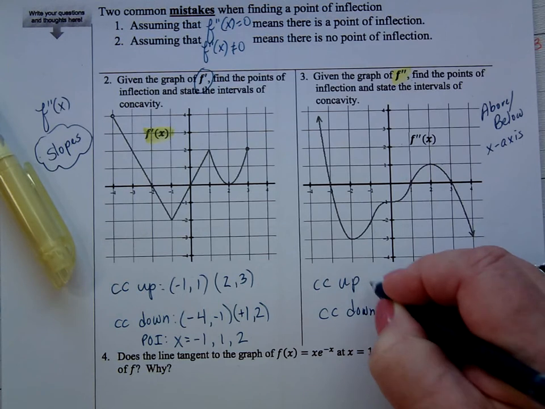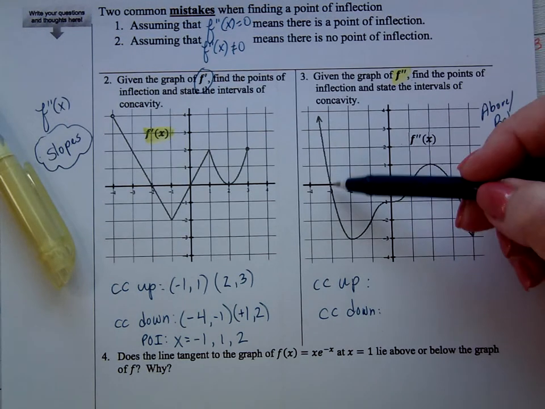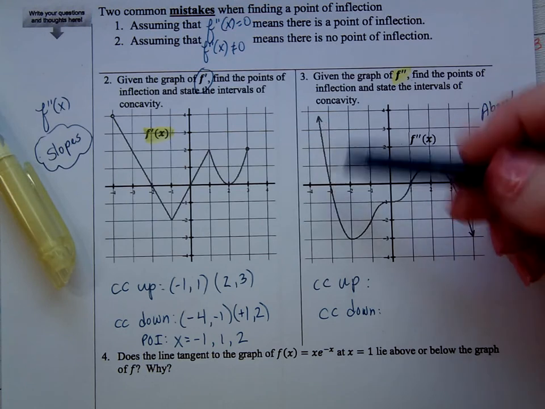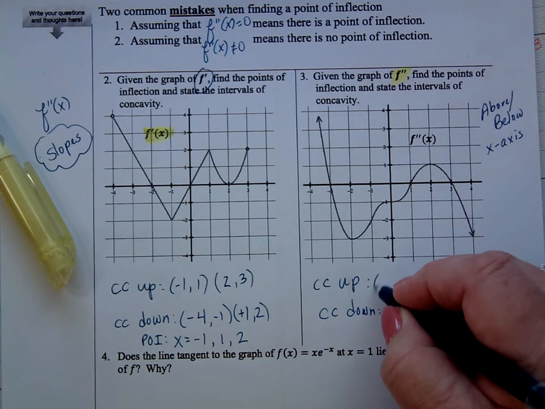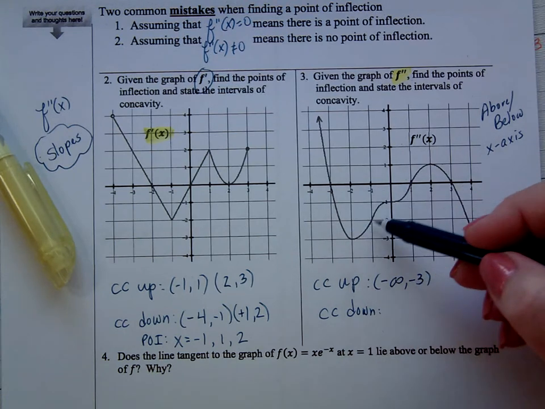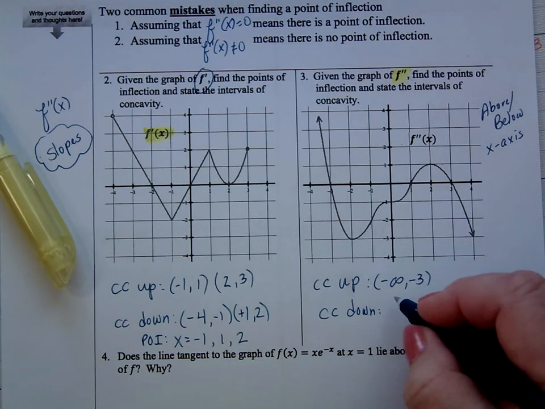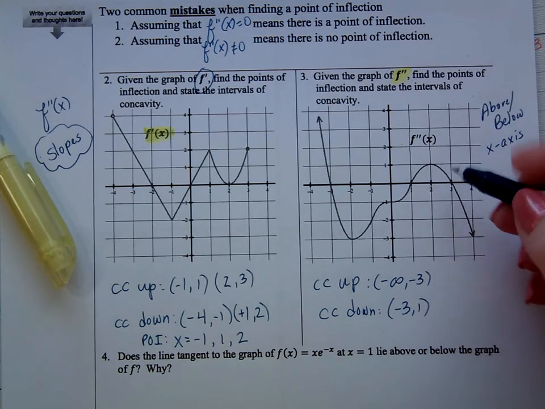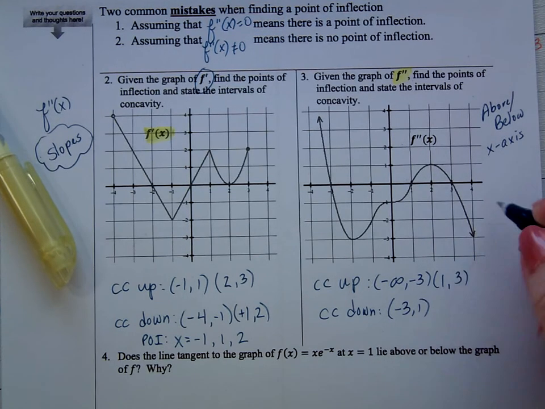Above the x-axis, from -infinity, see the arrow, to -3, concave up. Below the x-axis, from -3 to 1, concave down. Above the x-axis, from 1 to 3. Below the x-axis, from 3 to infinity.